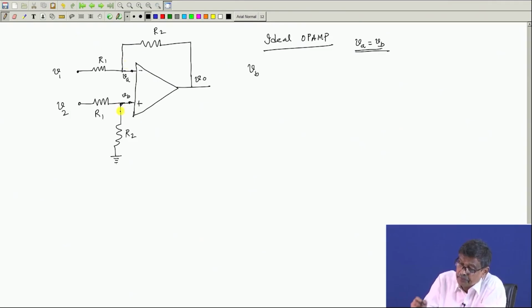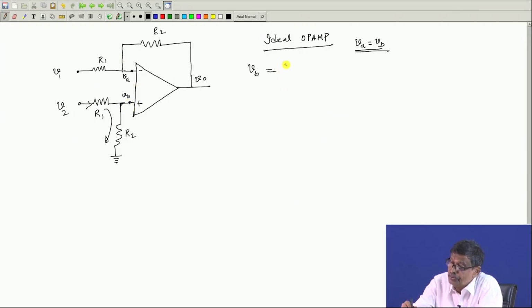Now, what is VB? You see, if some current flows here, this current comes here, it cannot enter the op amp, which will not draw any current, no current can exist. Therefore, the same current has to flow like this. So what will be VB then? VB will be this current, which is independent of these things, nothing is connected, because no current is drawn here.